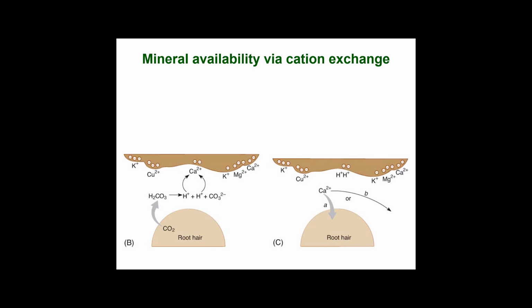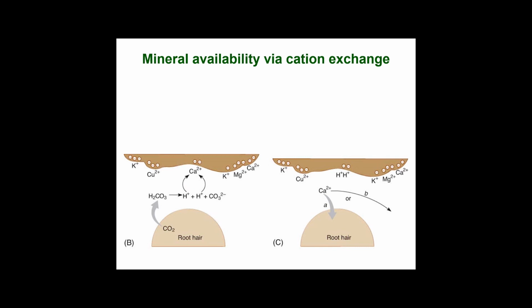So if we look here at a root hair that's going to be releasing carbon dioxide because the root is respiring, it's breaking down sugars, it's using oxygen in that process, it's releasing carbon dioxide in cellular respiration. The carbon dioxide that's released in the soil water can become carbonic acid, which you see here, which dissociates and releases these hydrogen ions, which are positively charged, and can then drive the calcium or other cations off of the cation exchange sites.